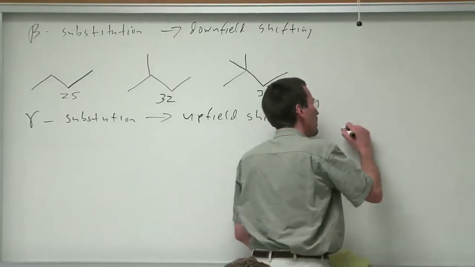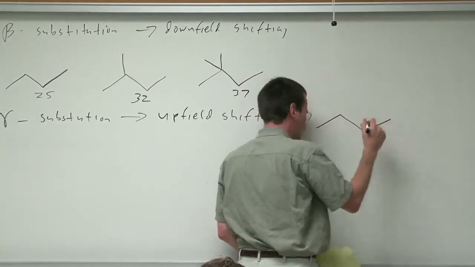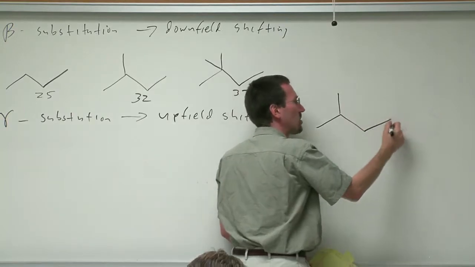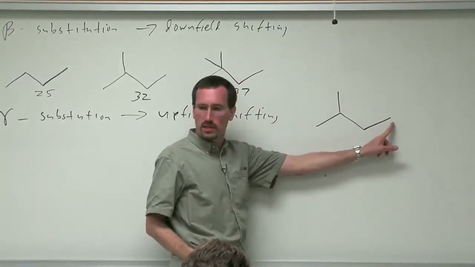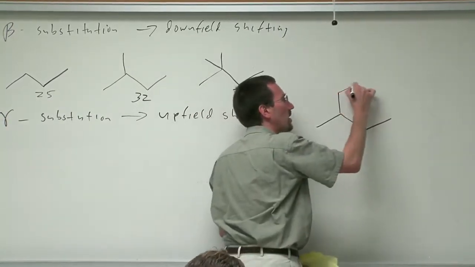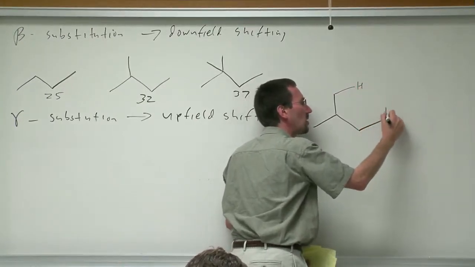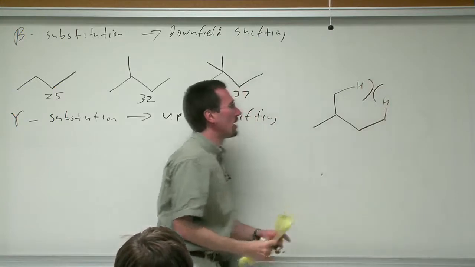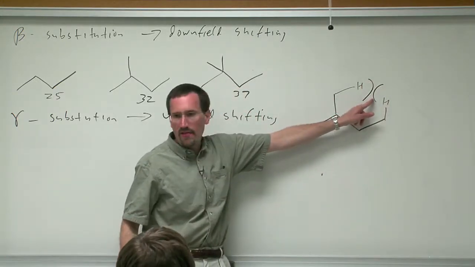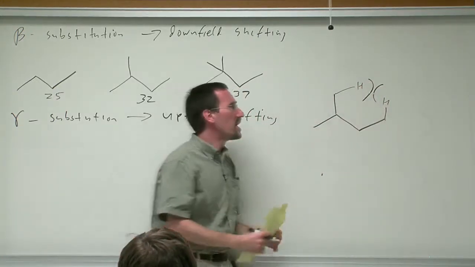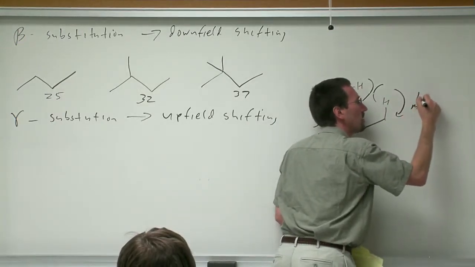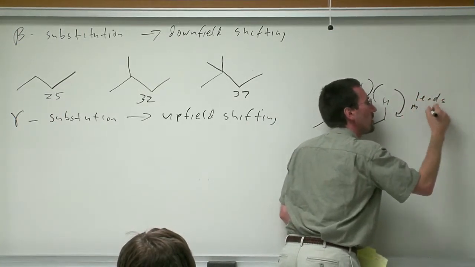So let me show you what I mean. We'll still keep to this same type of general structure, but now we'll consider this carbon here. If you look at the carbon here, and you have hydrogens banging into it, you basically will have hydrogens banging together. This is going to lead to more electron density on the carbon.